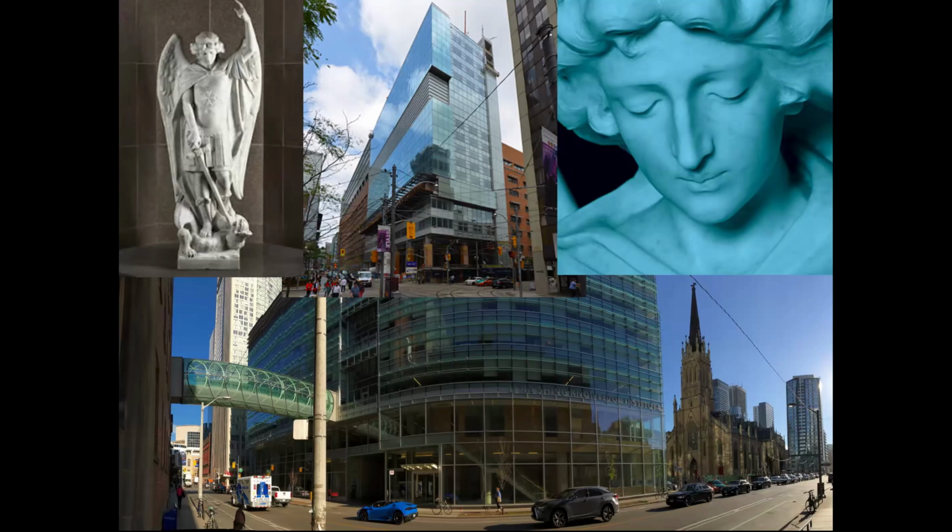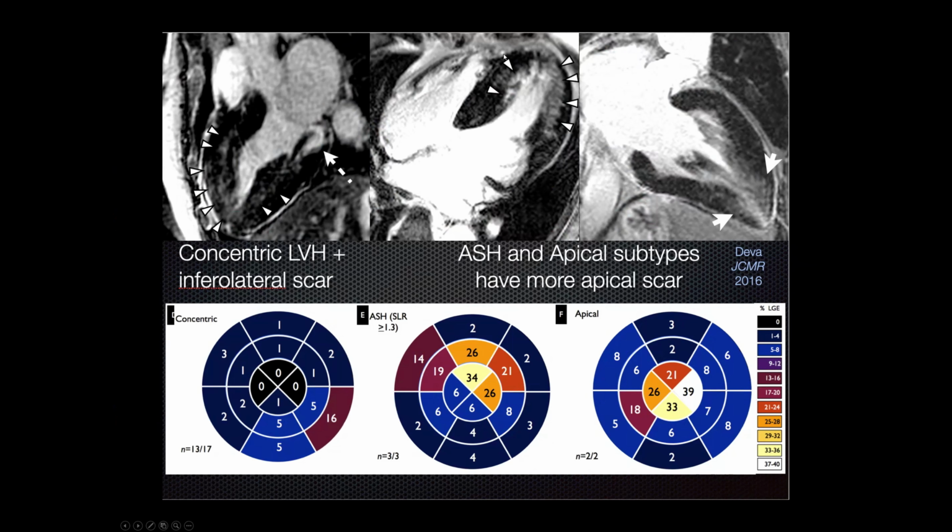The problem, some of you may be thinking, why don't we just look at the concentric hypertrophy and infralateral scar and call it Fabry's? Well, the problem is that in every large HCM cohort, there are always a few misdiagnosed Fabry's cases. So you may be looking at something and think that it is actually hypertrophic cardiomyopathy, this asymmetric hypertrophy patient here, and this one here with apical hypertrophy and apical scar.